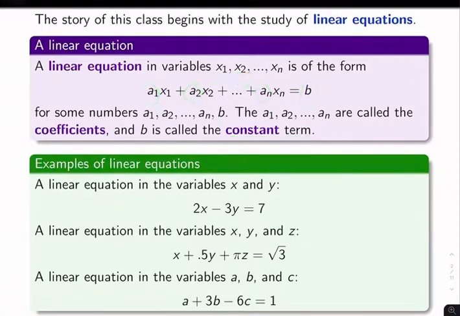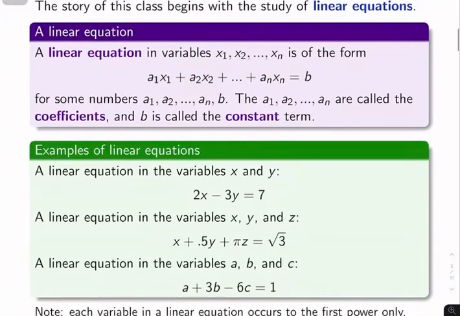Here are some examples of linear equations. Here is a linear equation in two variables, x and y. You might remember that this represents a line in two dimensions. Here is a linear equation in three variables, x, y, and z, and another linear equation in three variables, a, b, and c.